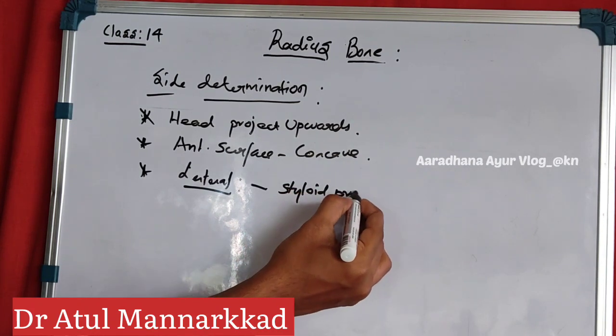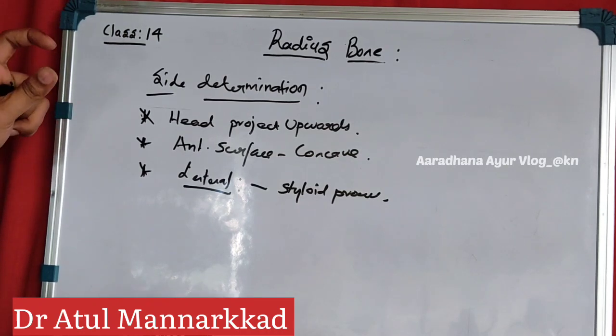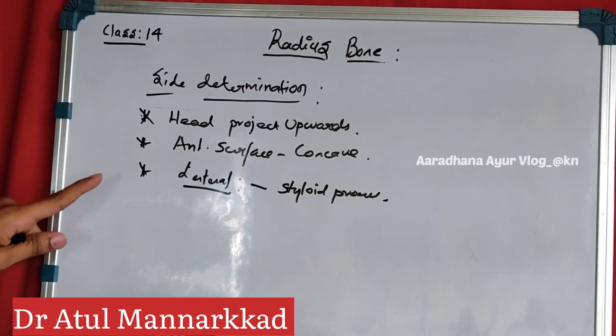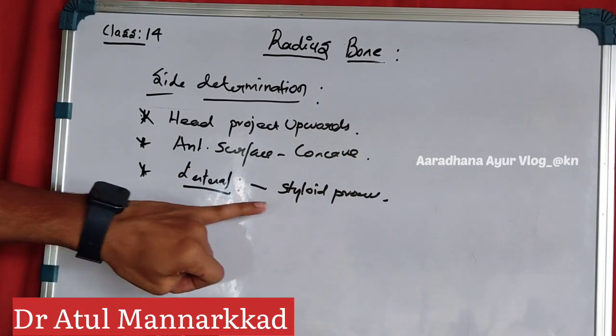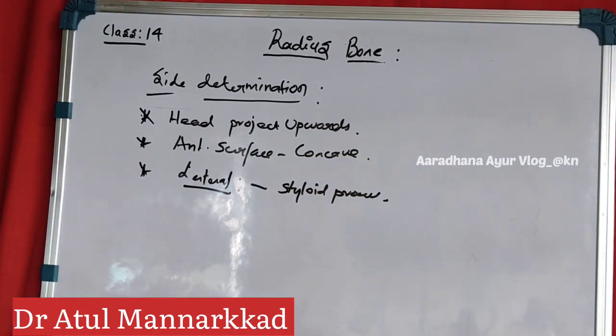So laterally the styloid process is there. The smaller circular upper end is concave, with a constricted neck. On the medial aspect of the neck you can see the radial tuberosity, and the styloid process you can see in the lateral aspect.